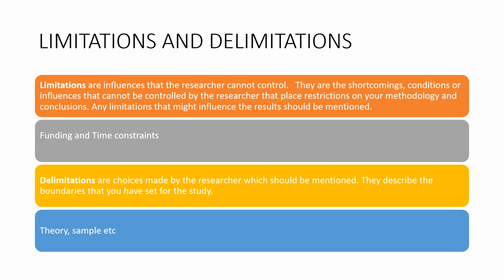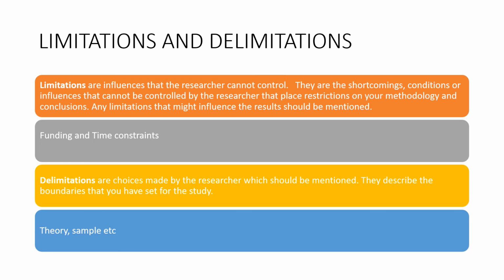Any limitations that might influence your results should be mentioned. For instance, time can be a limitation, okay, because you cannot control that. If you are conducting an experiment, certain atmospheric influences can be the limitations, okay. Lack of financial resources or funding can also be a limitation.